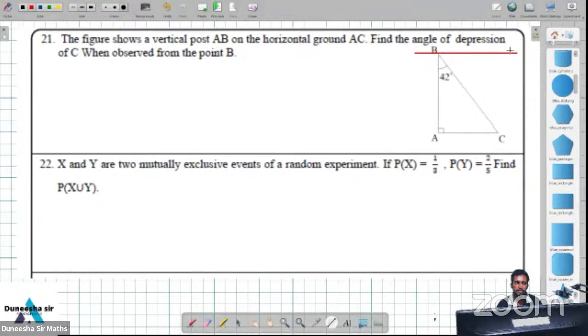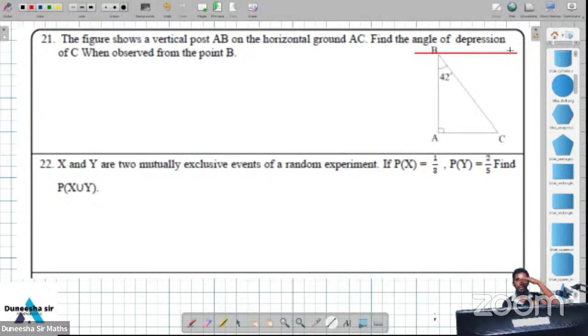What is the depression angle? Can you tell me another word? Elevation angle and depression angle. Then the other two names are ascending angle and descending angle.